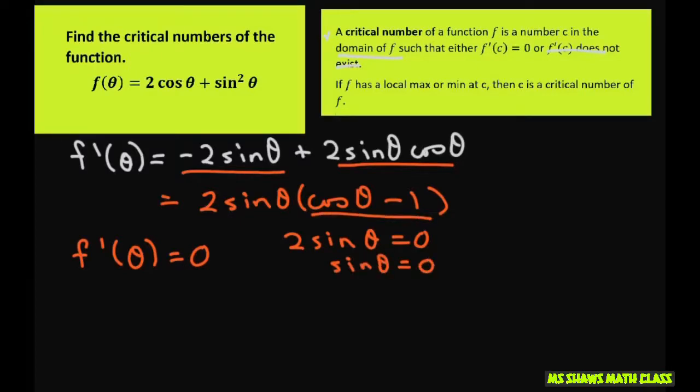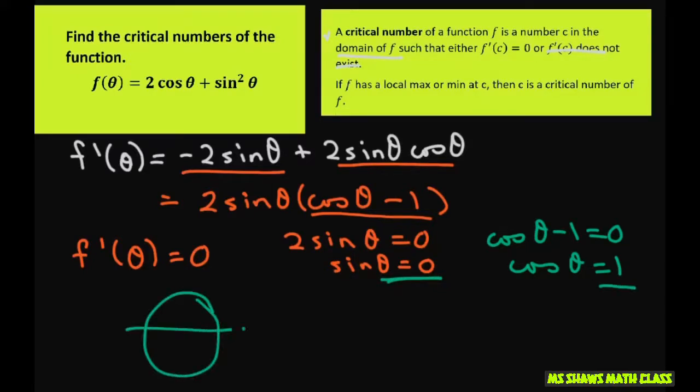And for this piece, we have cosine theta minus 1 equals 0, or cosine theta equals 1. So we have it at 0 and at 1, which on the unit circle, that happens here at 0, pi, then go around to 2 pi, then you keep going around and around. So every time you go around, it's going to happen.